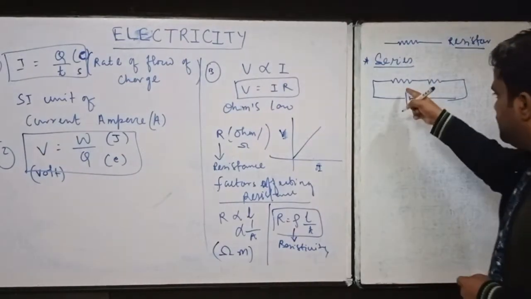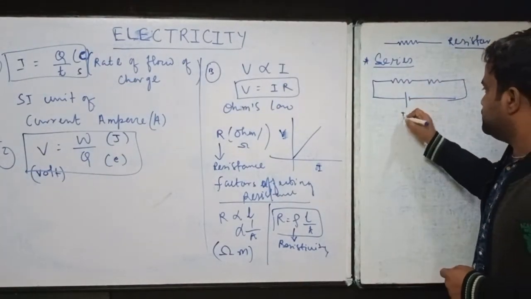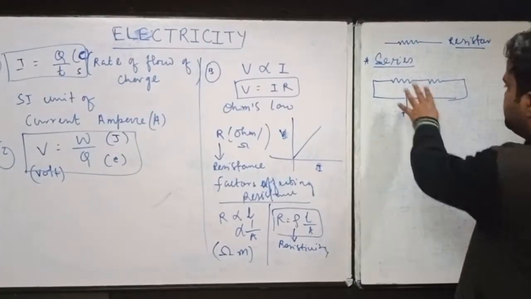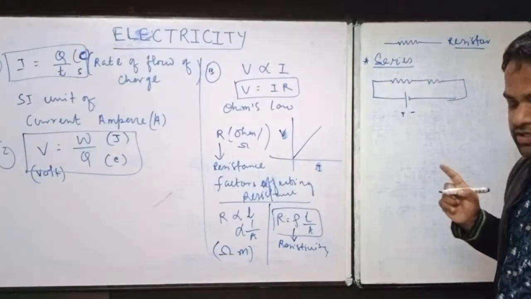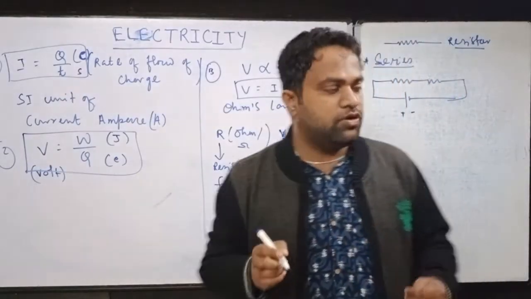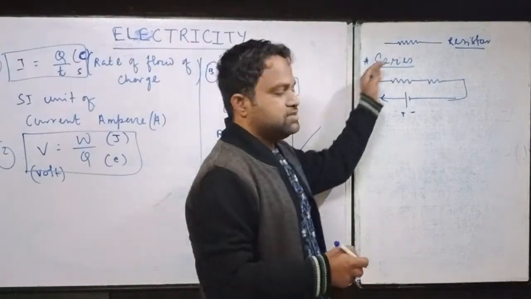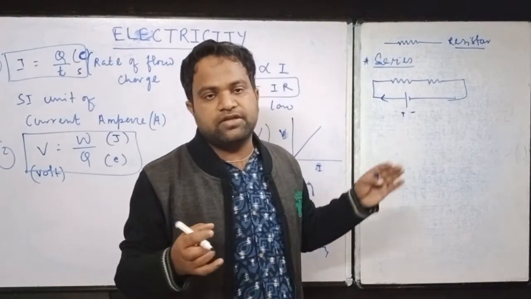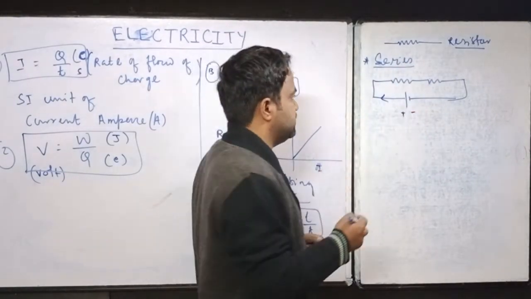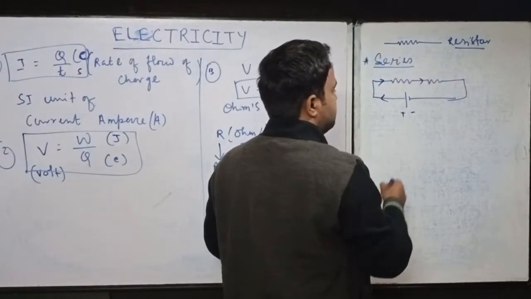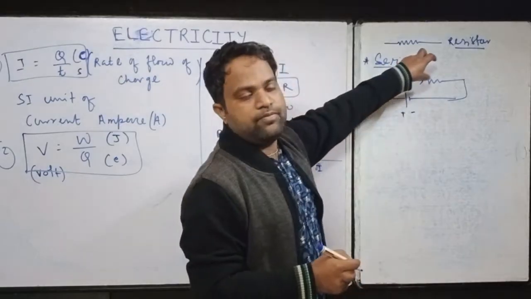The longer line is positive, the shorter line is negative. This is the standard representation, and current direction is always from positive to negative. So this will be the direction of current, and in a circuit if there is no branching, then the same current will flow through the circuit. So the same I will flow through the circuit.